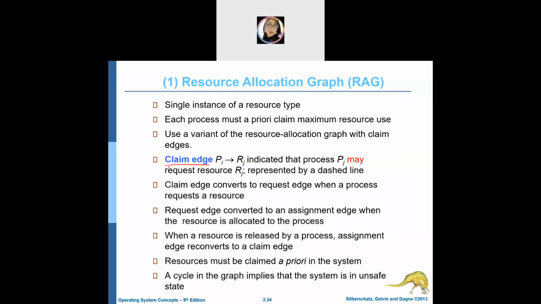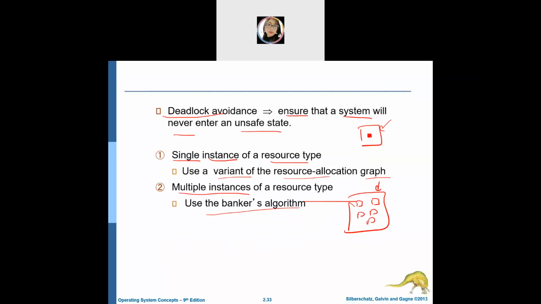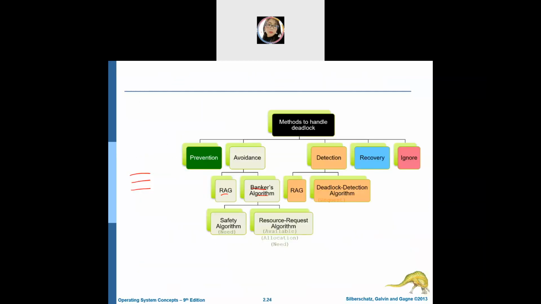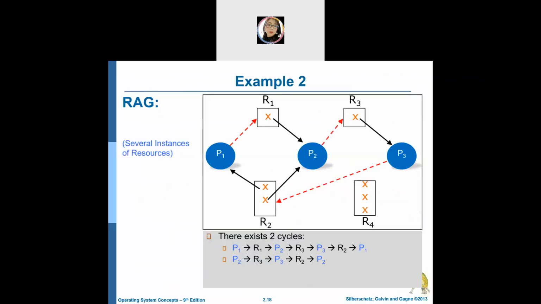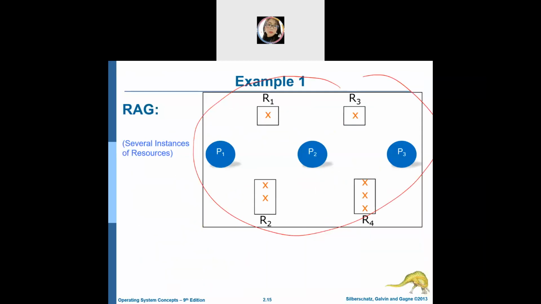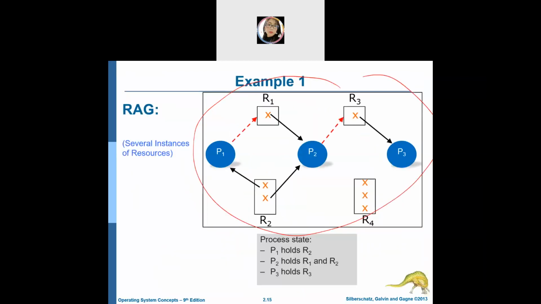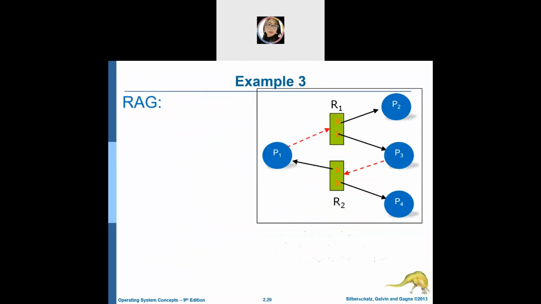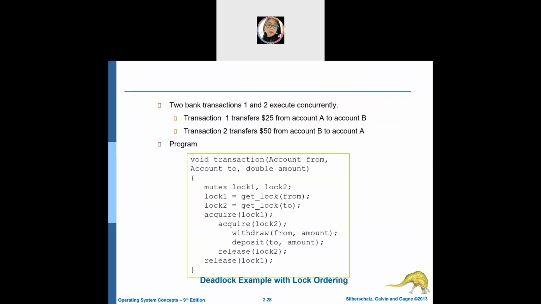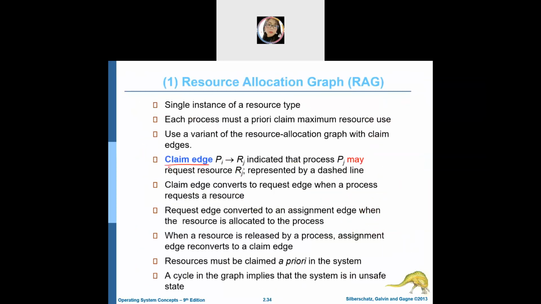So this is the claim edge. Last time you had two types of edge, which is request and another one, what? Forgot already. So there were two last time: if you look into the basics, request and assignment edge. But now when you go deeper in terms of avoidance, the RAG uses a new type of edge, which we call a claim edge.